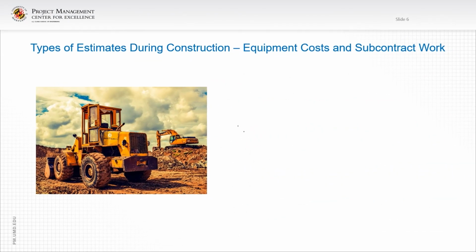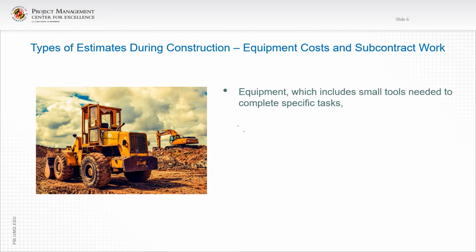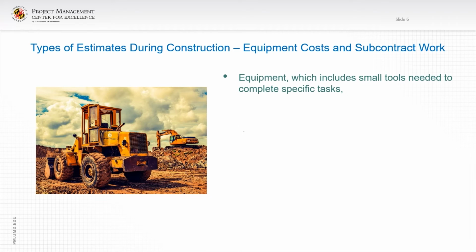Now let's review equipment costs and subcontractor work. Equipment, which includes small tools needed to complete a specific task, are covered item by item. However, large mechanically driven machinery such as cranes, tower cranes, mobile cranes, lift trucks, and the like are usually covered on a project basis because they often are used throughout the project for different activities.